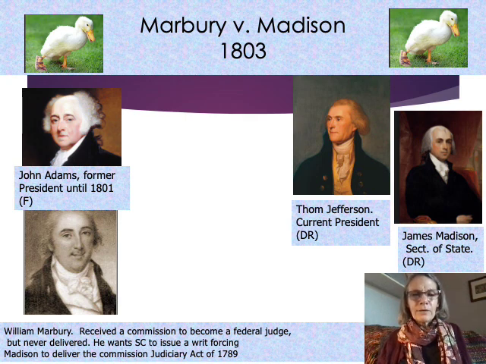He looked at federal law, and there was a federal law created by this Federalist Congress that basically said that if a federal employee like the president or the Secretary of State doesn't do their job, then the Supreme Court can issue what's known as a writ of mandamus, ordering the Secretary of State or the president to do their job.